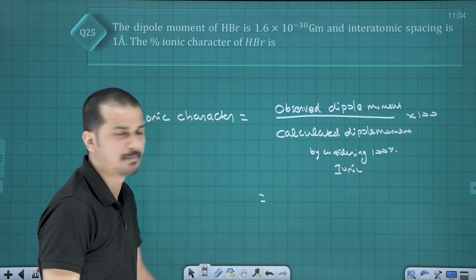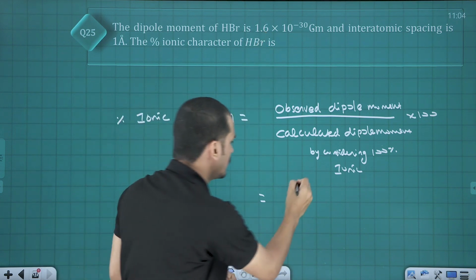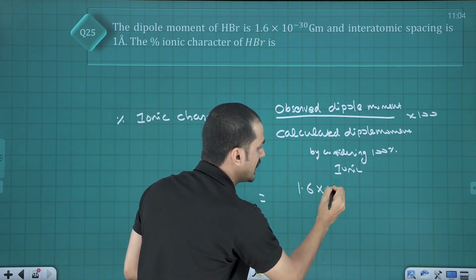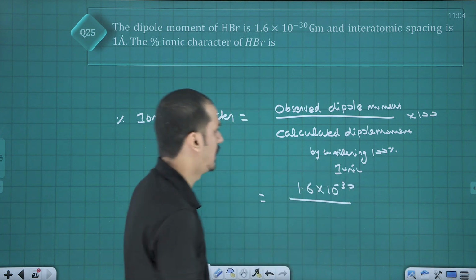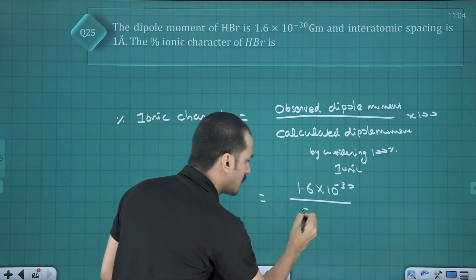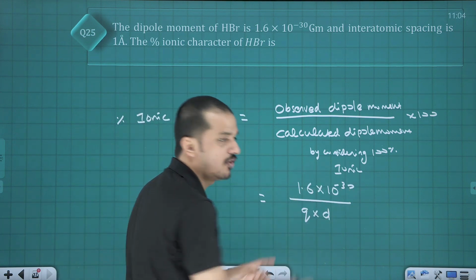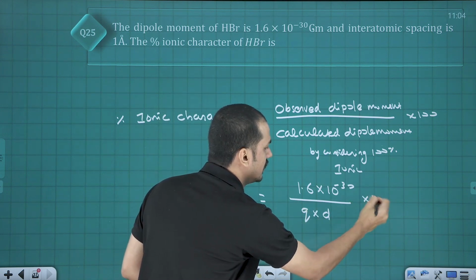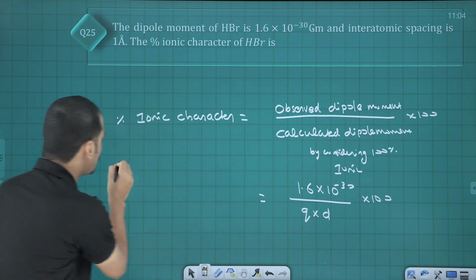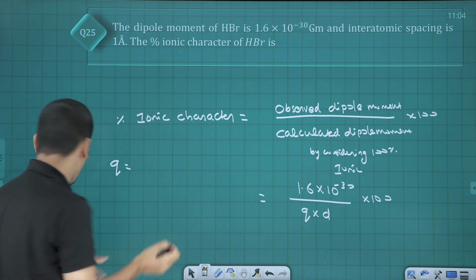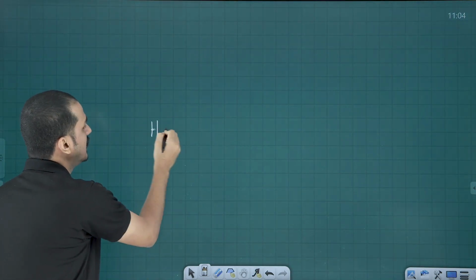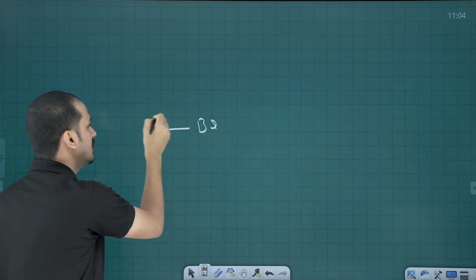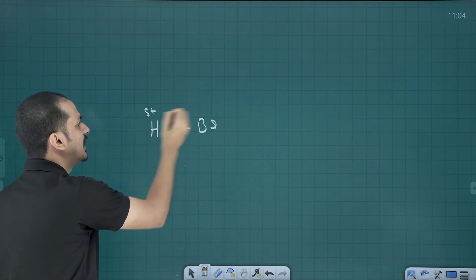So observed dipole moment they have given is 1.6 into 10 raised to minus 30, divided by calculated dipole moment. How do we calculate it? Q into d, modulus of charge into interatomic distance between them, into 100. Correct? Now what's the value of Q? HBr means this hydrogen will lose, so this will be delta plus and delta negative.